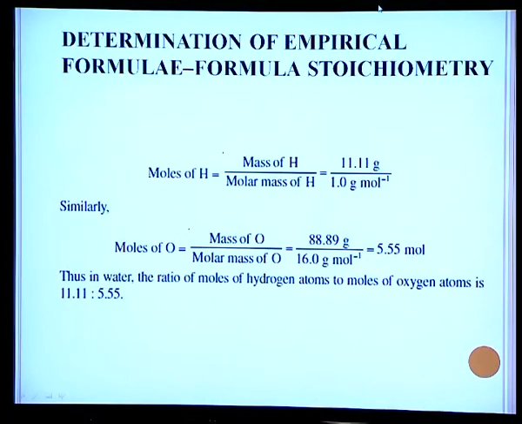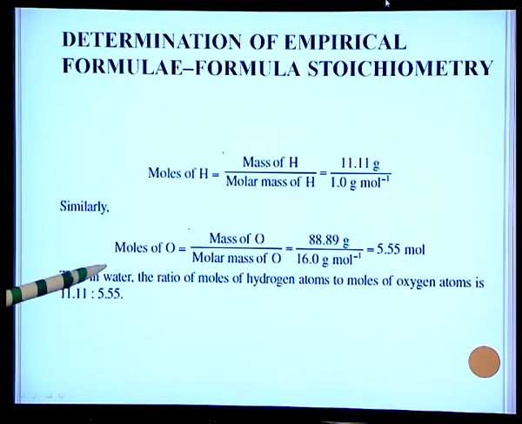Now, formula stoichiometry, the determination of empirical formula. The moles of hydrogen you can find out: the mass of hydrogen divided by molar mass of hydrogen, that is 11.11 gram upon 1.0 gram per mole.